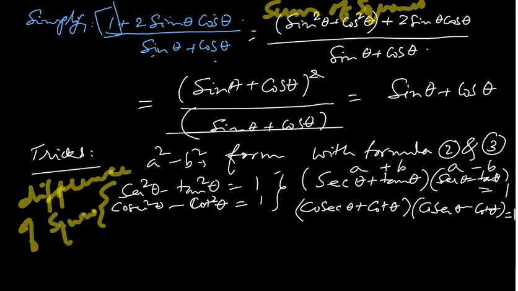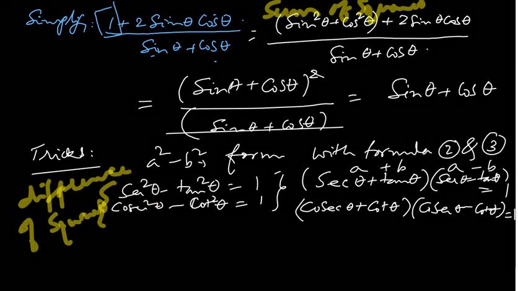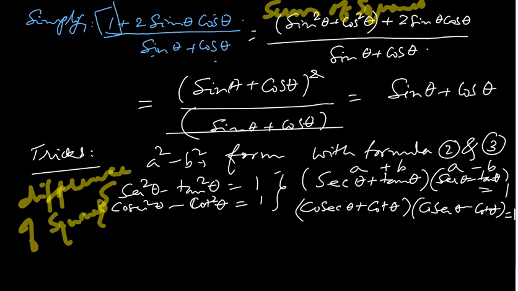The two formulae which I have, secant square theta minus tan square theta, and cosecant square theta minus cot square theta. It's a difference we are talking about. So you have two squares and you are taking the difference of them, and that is equal to 1. It's like a terminology: the top one is the sum of the squares, squares of what? Square of sine and square of cos. This is a difference of the squares, and that's why you are getting 1.